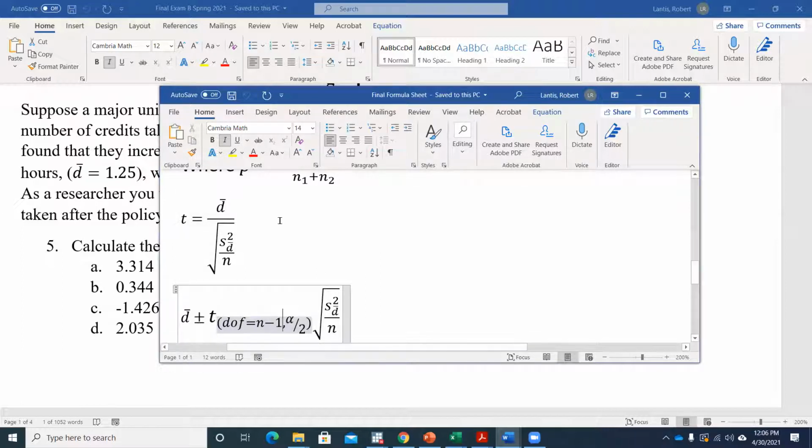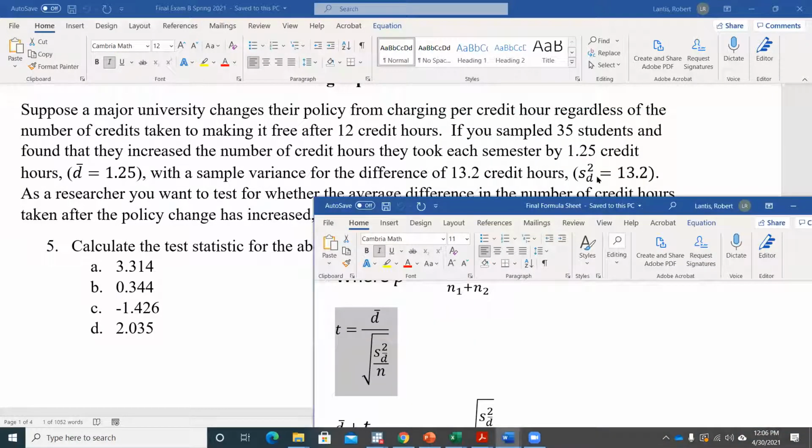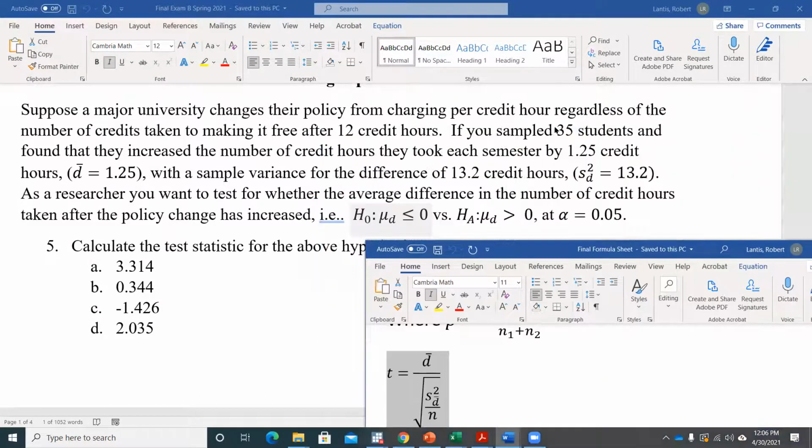So here's my test statistic equation. It's really just a matter of plugging those values in. I've got 1.25 as the sample difference, the variance was 13.2, and the sample size, 35.